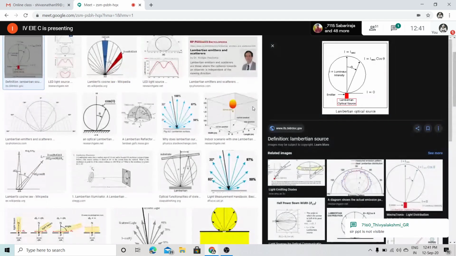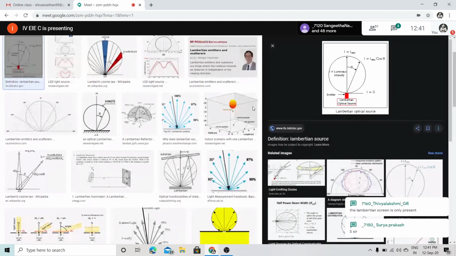Yes, the PPT is not visible. Is it visible now? Yes. The Lambertian screen is present.